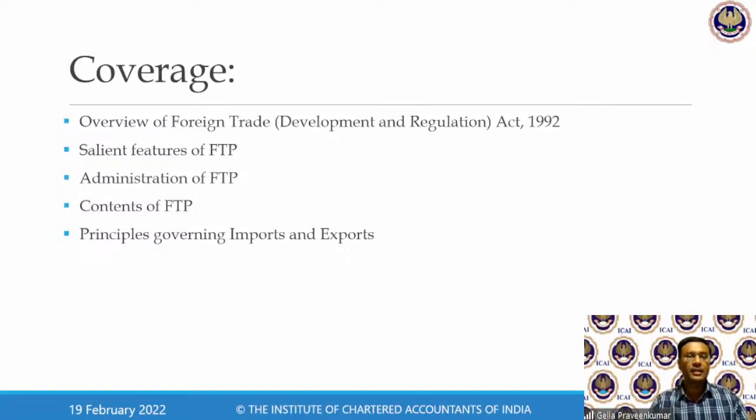Next, look at your page number 9.10, where they are talking about your export-import policy and procedure and principles for restriction. Here they say they are going to brief who are the class, the category of persons for whom these provisions of foreign trade policy are applicable.